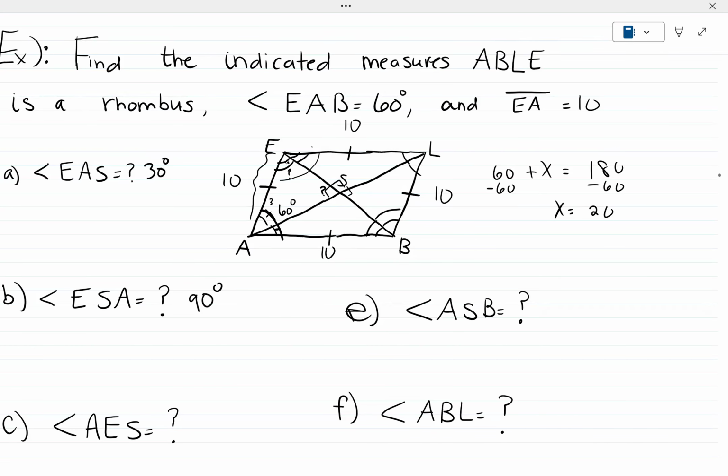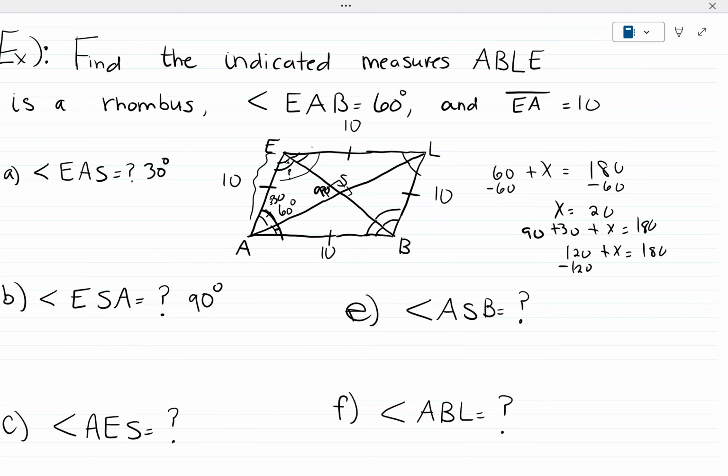Wait, ESA is 90. If you look at this triangle right here, this is 90, and this little angle here is 30. Do you see that it forms a triangle? So you could say 90 plus 30 plus x equals 180. 90 plus 30 is 120, plus x equals 180.